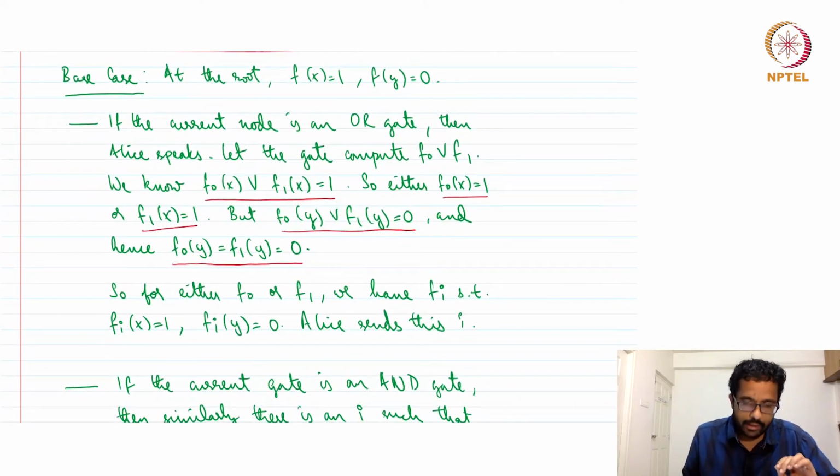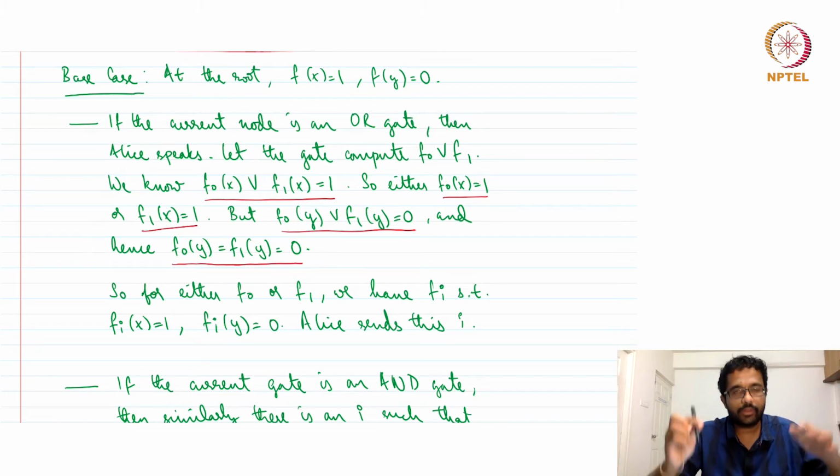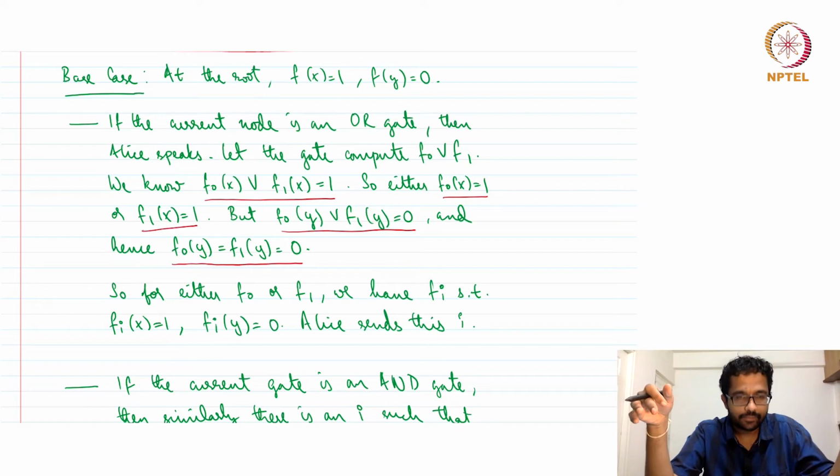So whatever input is held by Alice, let's say that is x, for that x, either f0 of x is equal to 1 or f1 of x is equal to 1.